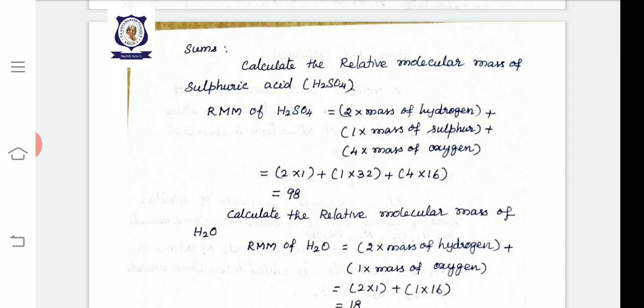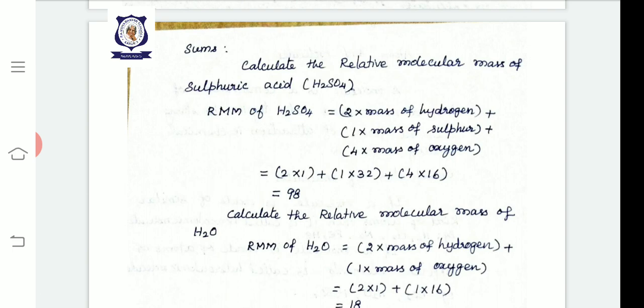Mass of sulfur is 32. Mass of oxygen is 16. Substitute the values of mass of hydrogen, sulfur and oxygen in this formula. That is 2 into 1, 1 into 32, and 4 into 16. 2 into 1 is 2. 1 into 32 is 32. 4 into 16 is 64.